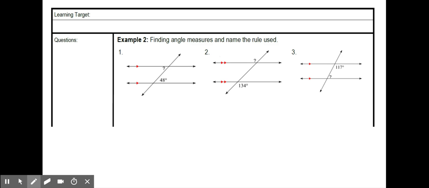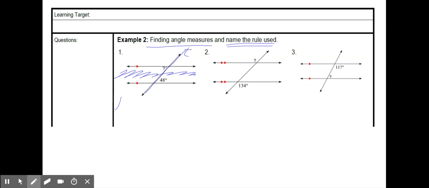All right, let's look at some angle measures. Our job is to find the angle measures and name our rule or name our angle pair. So here I see question mark and 48. They are both going to be touching the transversal, so I want to label that. That helps when the problems get tricky. And find my inside.